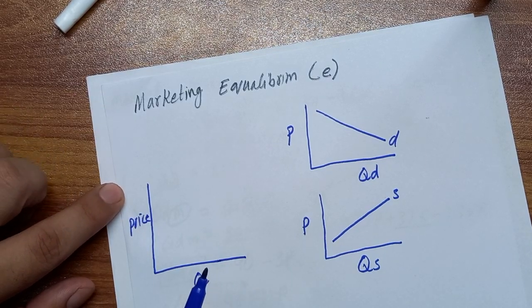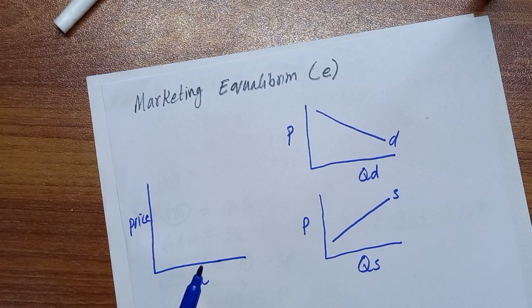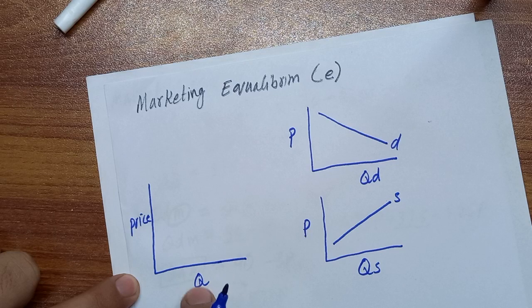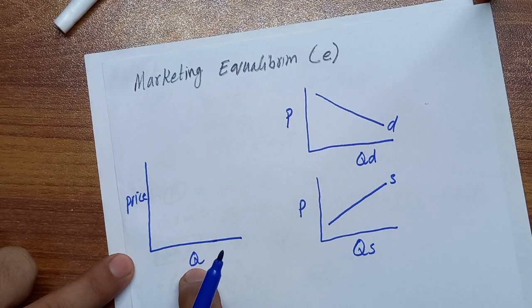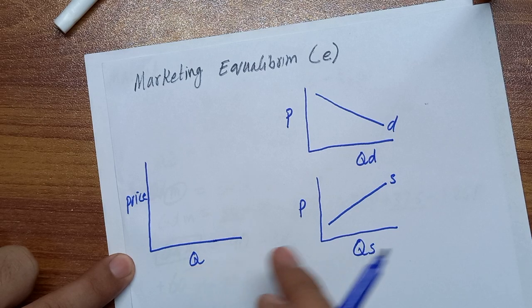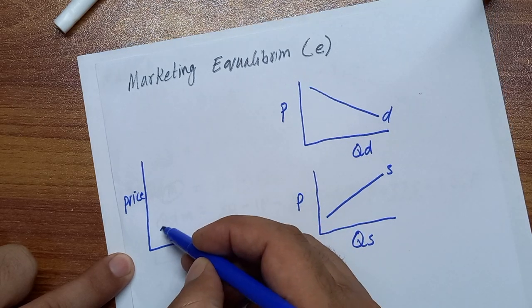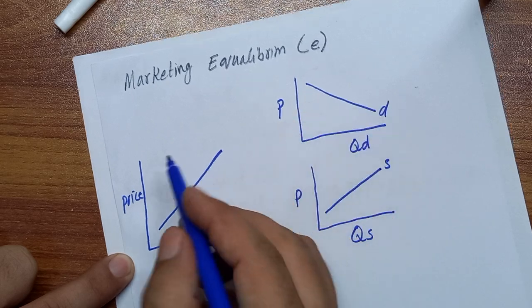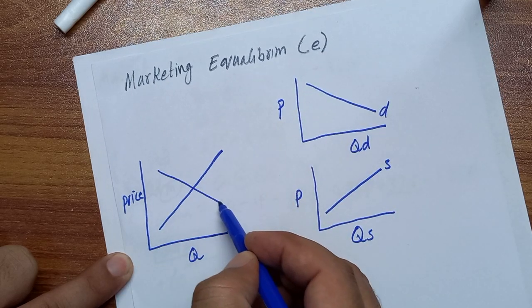When I draw a graph for market equilibrium, I will not use QD and QS here because it is used for both supply as well as demand. So the supply line is here and the demand line is here.